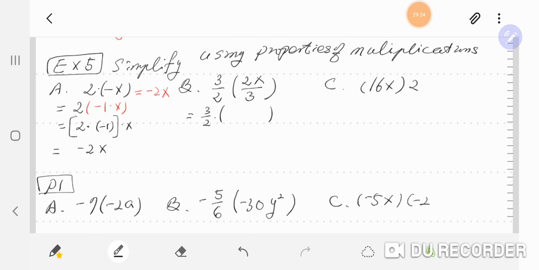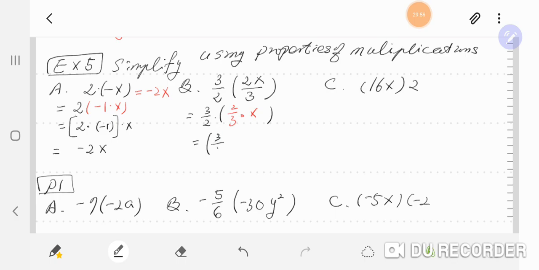Okay, this parenthesis can be written as what? Actually this is equal to 2 over 3 times x, isn't it? 2 over 3, the fraction, times x, which is the same as 2x over 3. And using the associative property of multiplication, we can switch these two, regrouping.